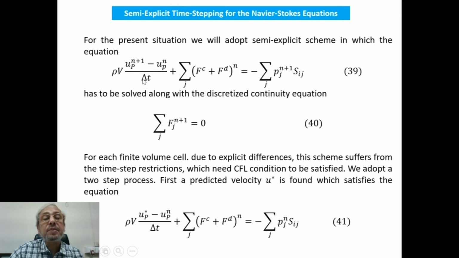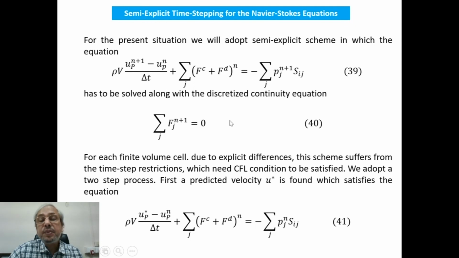But having outlined that, we can define this equation as a projection equation. That means at the next time step, UP n plus 1 has to evolve, but since we are not using pressure at the n plus 1th level, we are getting velocities which we are calling provisional velocity, identified by the star mark.